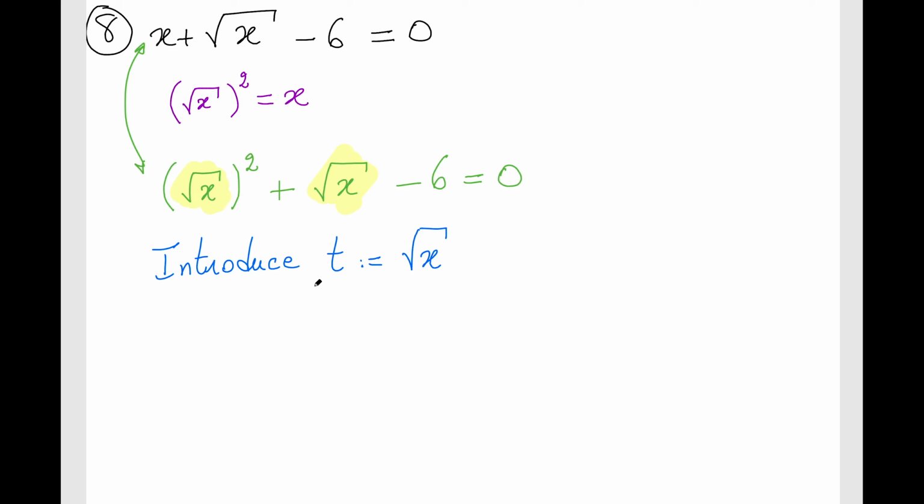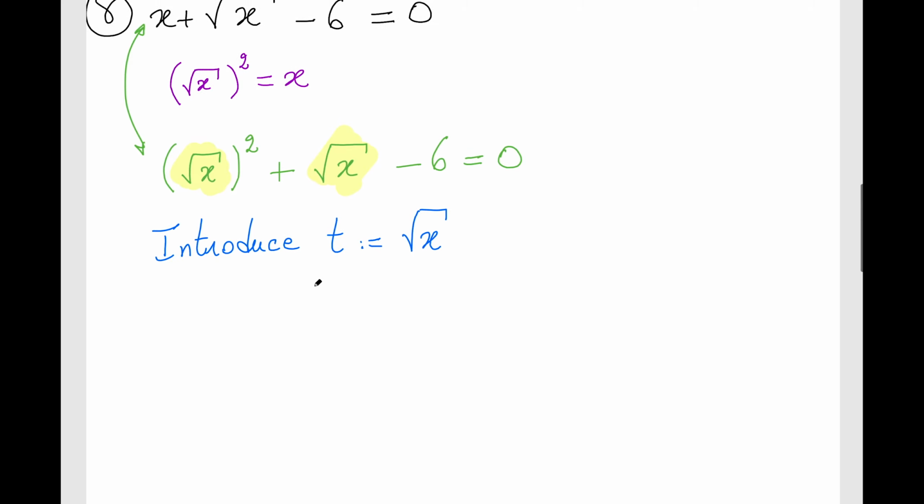Let's introduce t to be the square root of x. And then as such, this becomes t squared plus t minus 6 equals 0, because I relabeled square root of x to be t. All right, so this is now clearly quadratic.